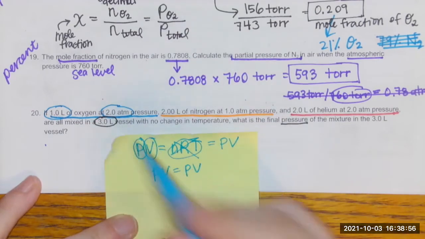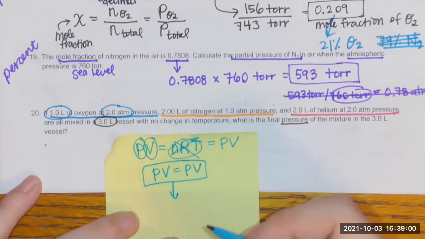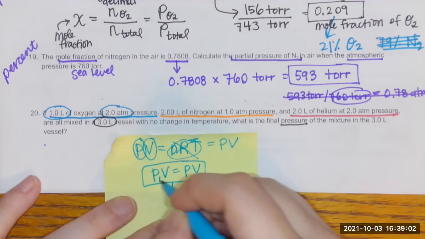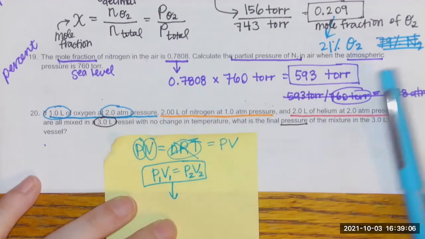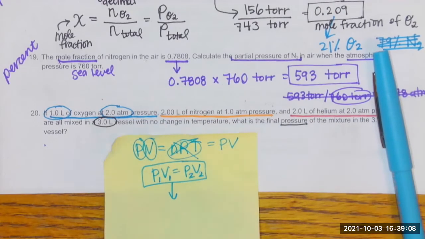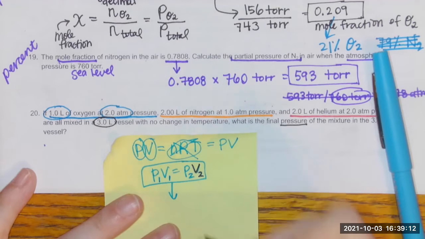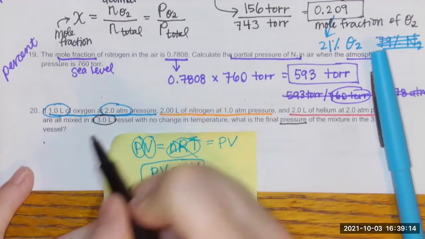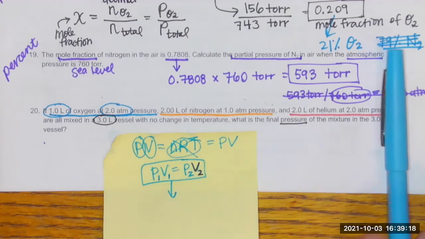So I'm going to rewrite this as P1 V1 equals P2 V2, where V2 is going to be this 3 liters. So let me rewrite this.